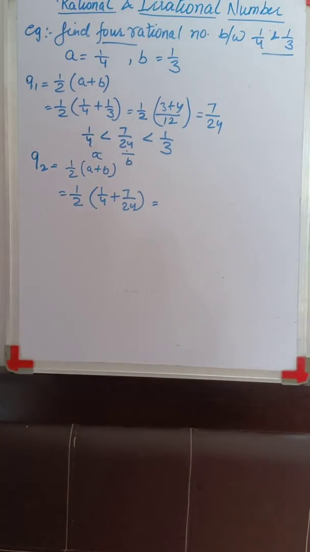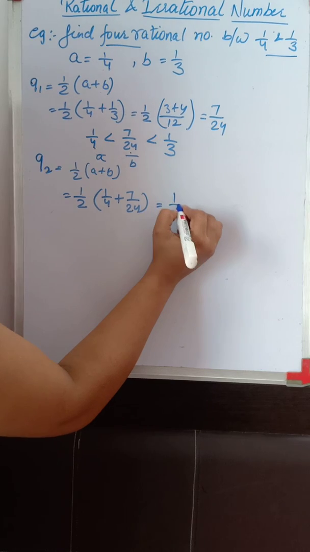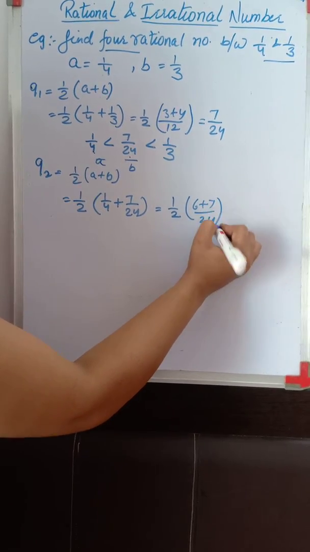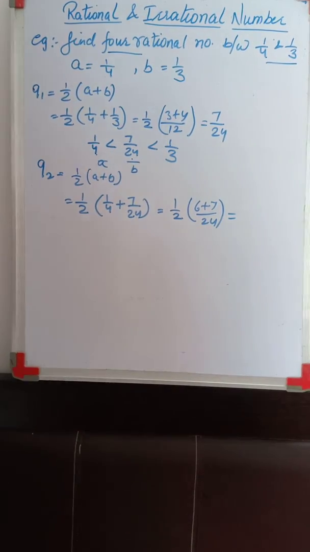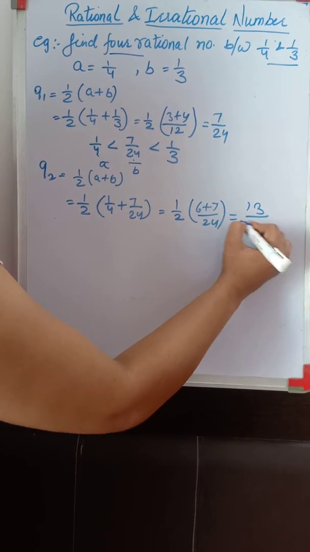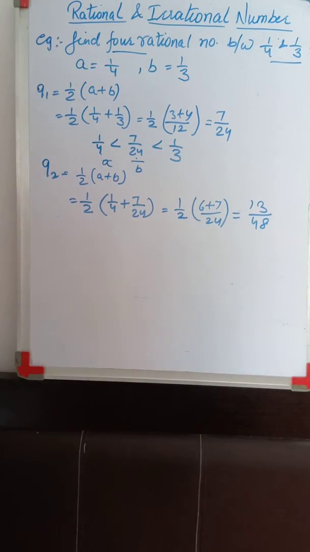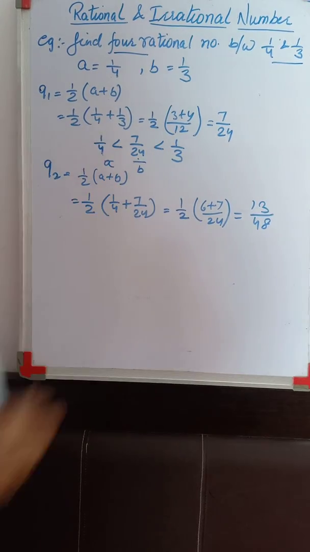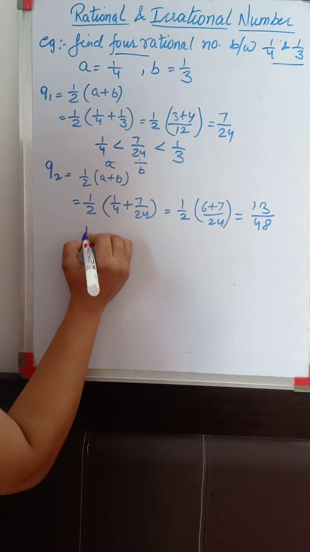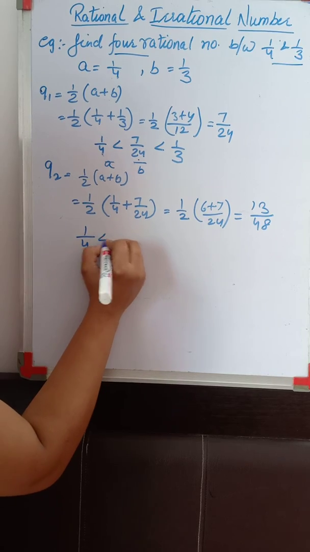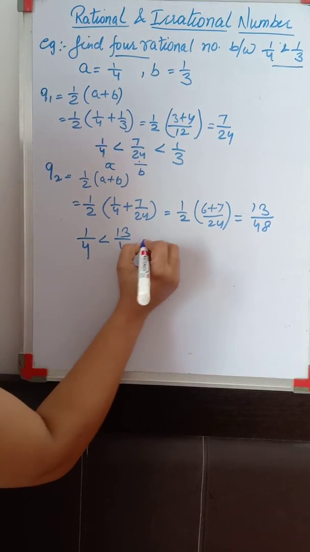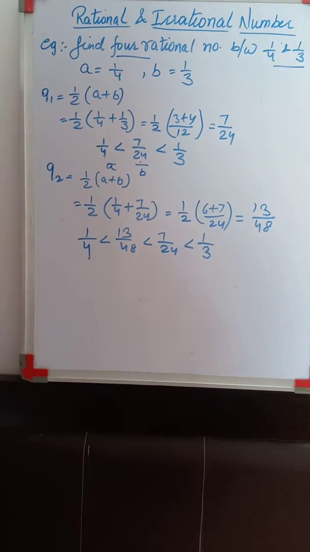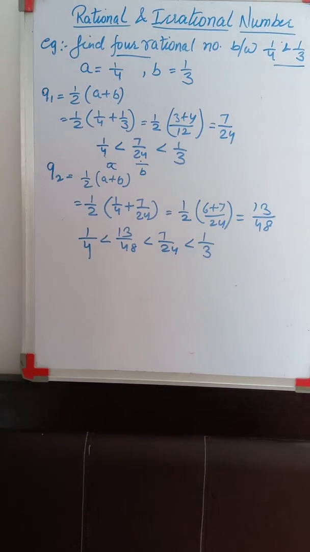What will be the solution for this? It will become 1 upon 2 into 6 plus 7 upon 24. So, here the answer will become 13 upon 48, right? So, this 13 upon 48 is what? It is the number in between 1 upon 4 and 7 upon 24. So, the sequence has become 1 upon 4, then 13 upon 48, then 7 upon 24, and then 1 upon 3. So, I have calculated two numbers over here.